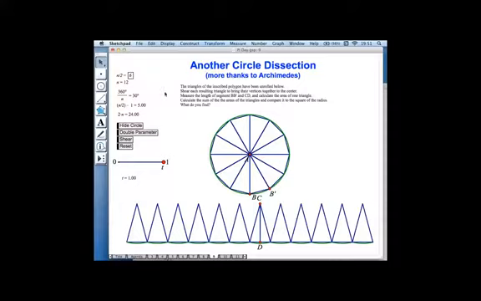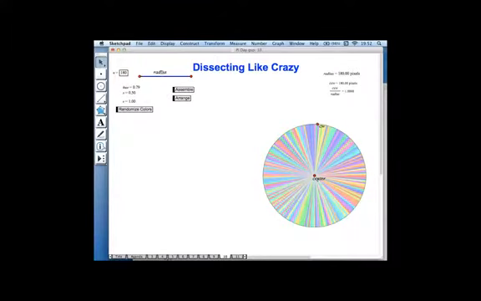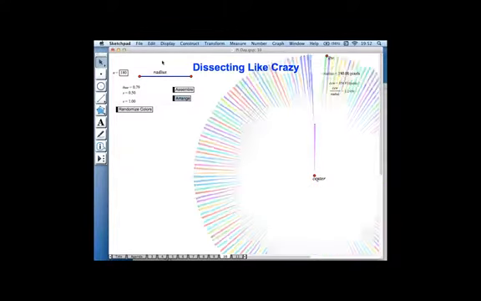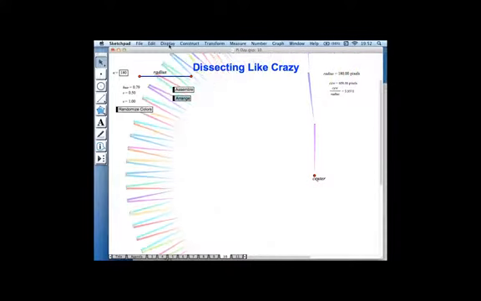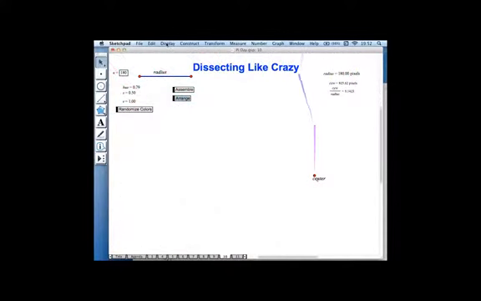So here, all the triangles are being sheared, their areas are not changing, and they actually form one triangle whose base is the circumference and whose height is the radius. So that also seems to me like a very nice dissection, and I'm pretty sure that this is original with Archimedes as well.